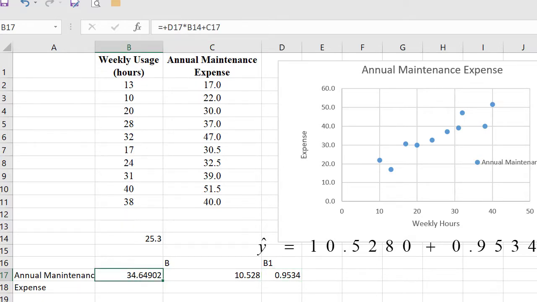I took this number and put it in for X, so this number times this value plus B0 gives me that. If you're a purist, you may want to write it out like the equation. So we get 34.64 in hundreds of dollars, or $3,464.